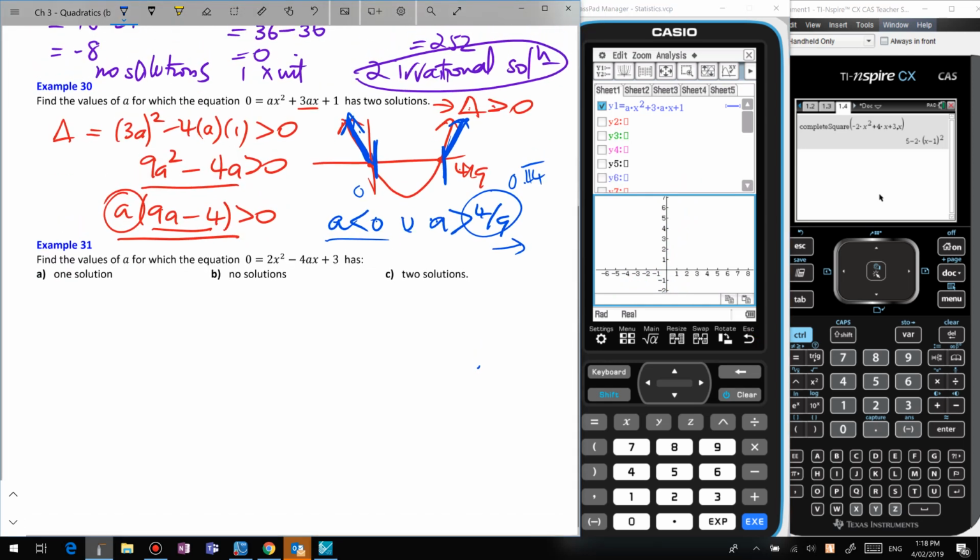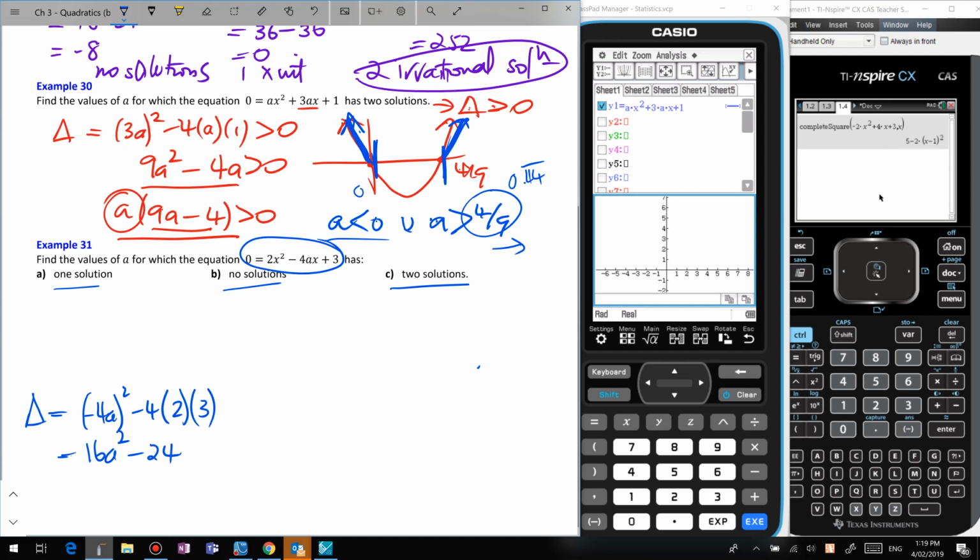Okay, last one. I've got this function, and I want to know when I've got 1 solution, no solutions, 2 solutions. So all we want to do is look at the graph of the discriminant. So let's put the discriminant in. We get the discriminant is b squared, 4a squared, minus 4 times a times c, which is 16a squared minus 4 times 2, which is 8, minus 24.